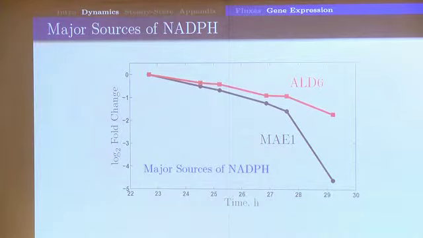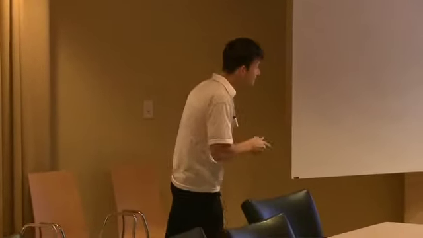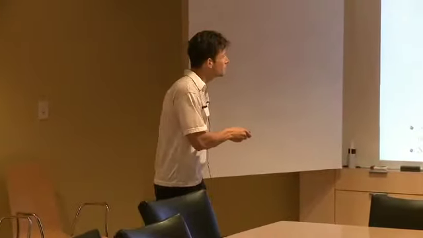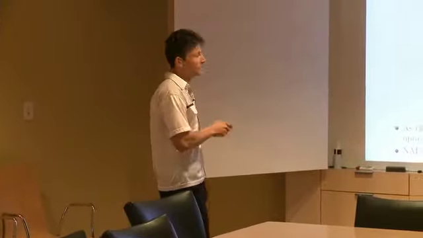And this data here for the two genes that catalyze reactions producing most of the NADPH is consistent with this hypothesis. Now, why is NADPH special? I should take a minute here to explain. Probably you are familiar from your biochemistry class with NAD and NADP.